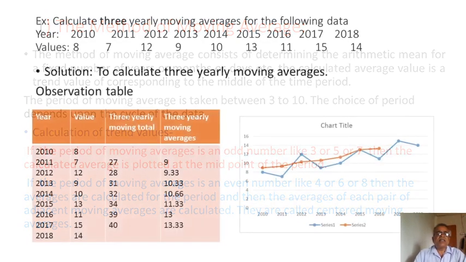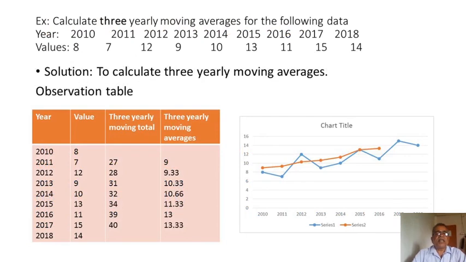See here the example: calculate the 3 yearly moving average. If the 3 years moving average is calculated, we know that the number of years is odd, and there is no problem deciding where to place the sum and average of the values.